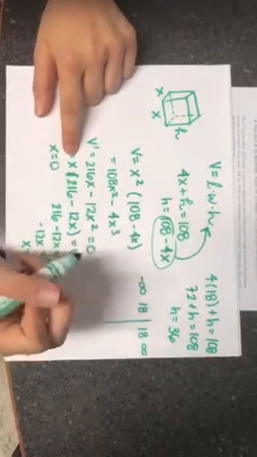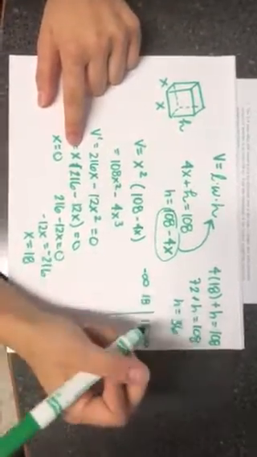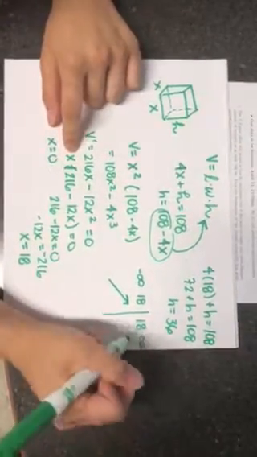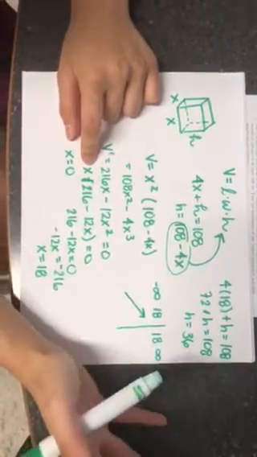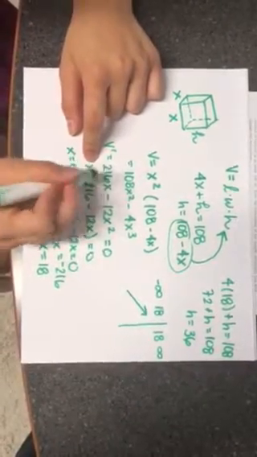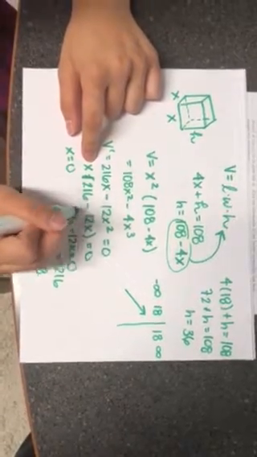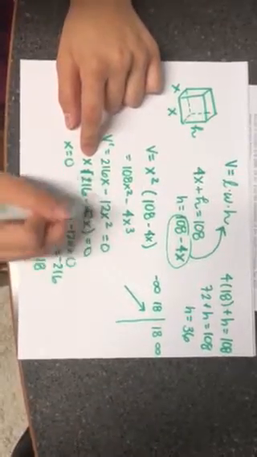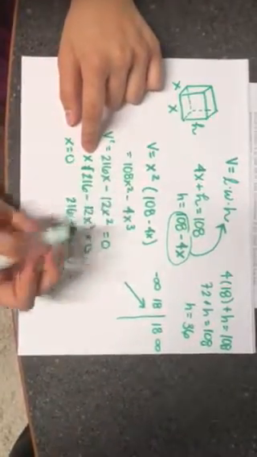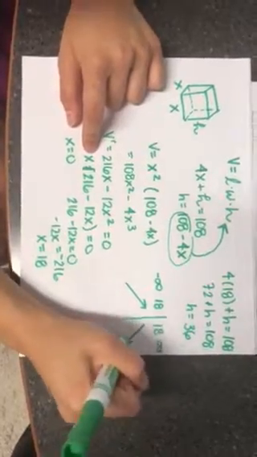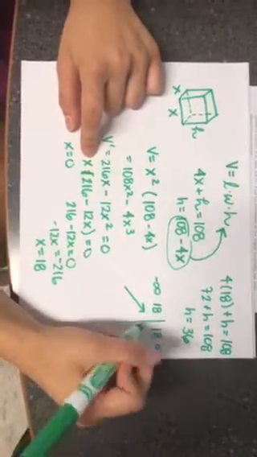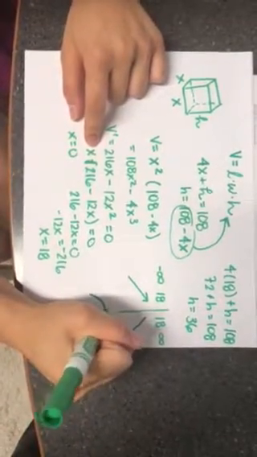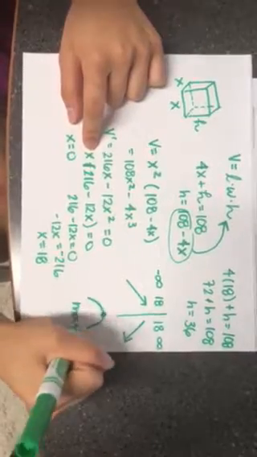And so that's a positive number, and so that means that it is increasing here, because positive times positive is positive. And then you pick a number between 18 and infinity, so let's say 20. So you have x is 20, which is a positive number, and then 216 minus 12 times 20, which would end up being a negative number, and a positive times negative is a negative. So you know that this side is decreasing. And so this would look like a sad face, and so you know that this would be your max. So you know that 18 is the max.